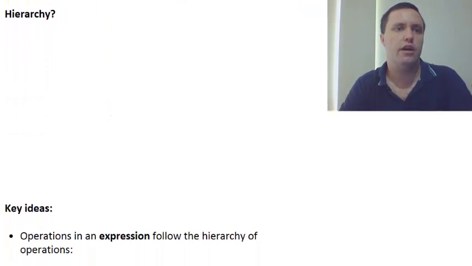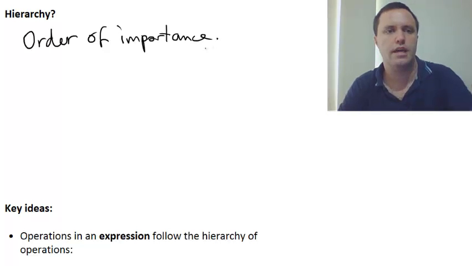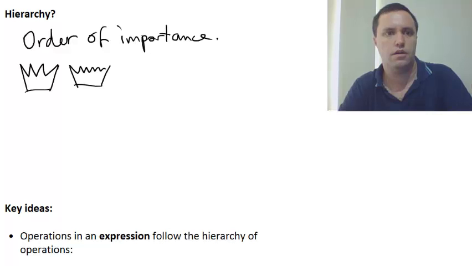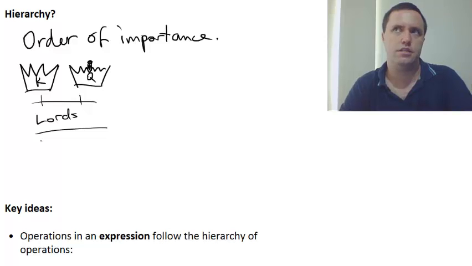What is a hierarchy? Well, a hierarchy is an order of importance. So maybe the king and queen might be top dogs, and then underneath the king and the queen you've got maybe some lords, and then underneath the lords you might have the merchants.